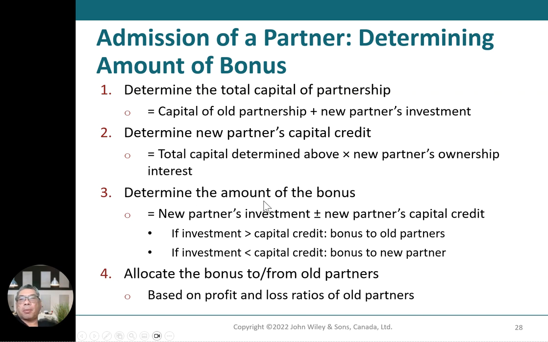Number three, determine the amount of the bonus, which is the new partner's investment minus the new partner's capital credit. If the investment is greater than the capital credit, it is a bonus to all partners. If the investment is less than the capital credit, it is a bonus to the new partner. Then allocate the bonus among all partners based on their profit and loss ratio.